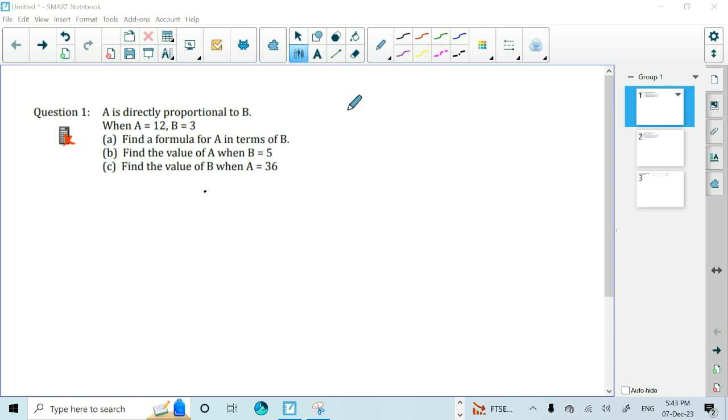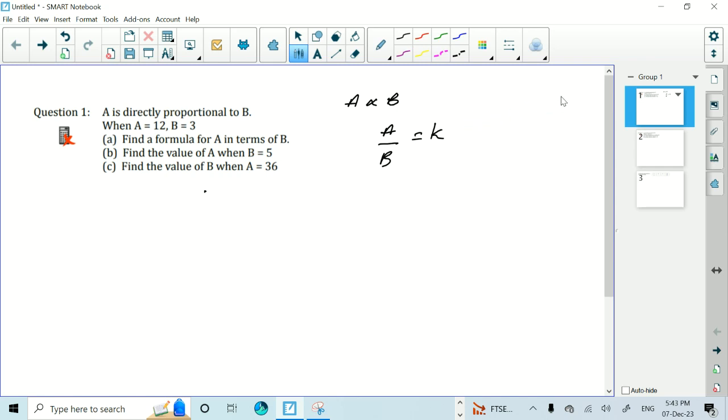The first thing that we need to do is introduce you to the notation. A is directly proportional to B, which means that A divided by B is equal to K. What's K?